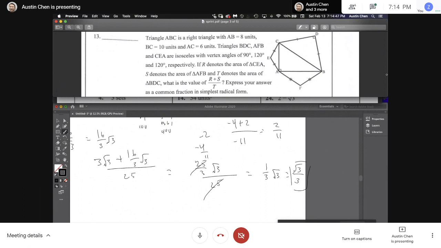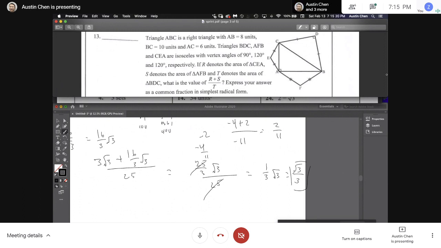It is possible to do this problem without having to find the exact areas, because say for triangles CA and ABF, you can find the ratio of their areas. So we could represent S in terms of R, and similarly for CDB, it might be a bit harder, but it wouldn't be impossible. We could find the ratio of two isosceles triangles with the same base, but one of them is 90 and one of them is 120.